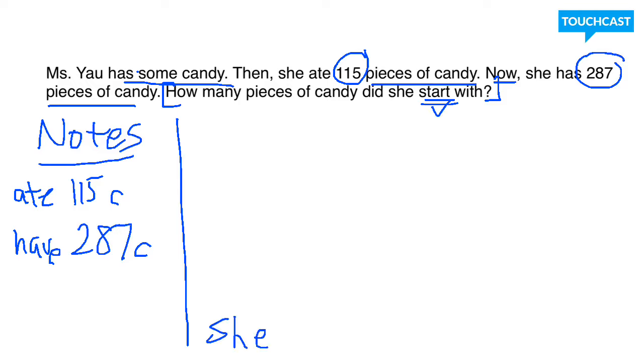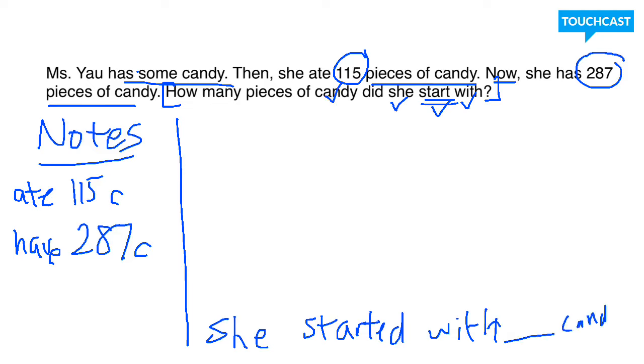She started with blank candy. I can write pieces of candy, but I just ran out of room. Look how I set this up. If you need a little extra time, that's okay. Pause the video and continue. Solve this problem. Good luck.